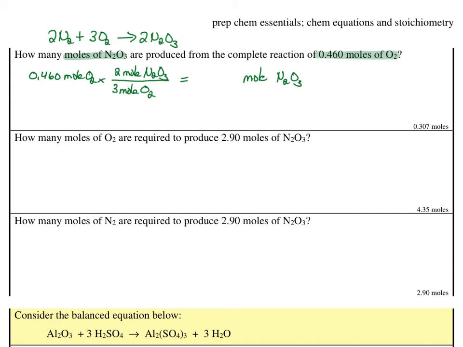Okay, what this is saying is that reacting 3 moles of O2 is essentially equivalent to producing 2 moles of N2O3. And we set up our conversion factor so that the units of moles O2 cancel out, and the unit that survives is N2O3. Now we simply do the math.